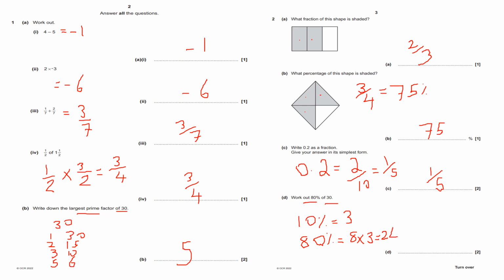My guess here is that you'll get 1 mark to work out 10% or 1% or whatever, and then another mark to work out what 80% is. So I worked out what 10% is, dividing the quantity by 10. 30 divided by 10 is 3, and then 80% is going to be 8 lots of that. And that's my answer for that question.